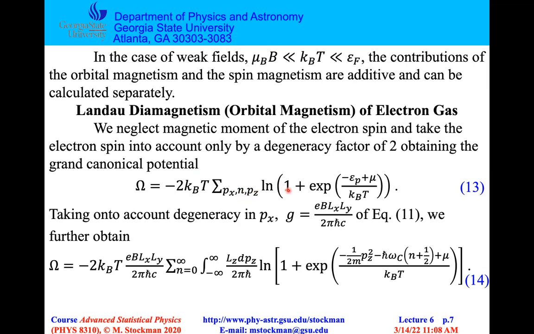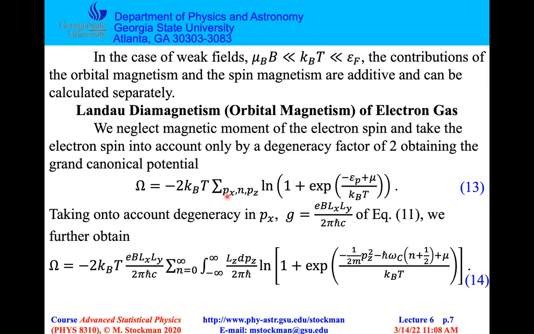Whose logarithm, it's fermions, so it is 1 plus exponential minus the energy of the oscillator. It says P, but it depends on N2, of course. Mu is the chemical potential, same as the Fermi energy, divided by kBT.